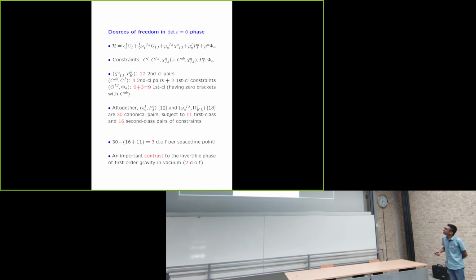So this gives the count that you have 30 minus 27, which is 3 degrees of freedom per space-time point. And this is an important contrast to the invertible phase of first order gravity in vacuum, which corresponds to 2 degrees of freedom. And that comes essentially because the constraint algebra has changed in the middle, a point which I have already emphasized in the previous slide.